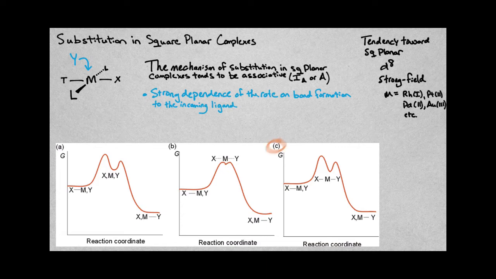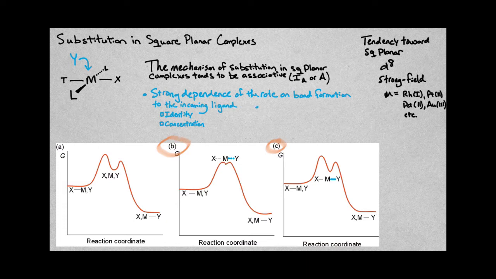This will occur whether the mechanism is purely associative and leads to the formation of an intermediate with a higher coordination number due to the bond formation between the metal and the incoming ligand Y, or in the case of an interchange associative mechanism where we don't have an intermediate, but still the beginning of the bond formation between the metal and the incoming ligand Y is important in this transition state structure. Both the identity and the concentration of the incoming ligand will have an influence on the reaction rate.